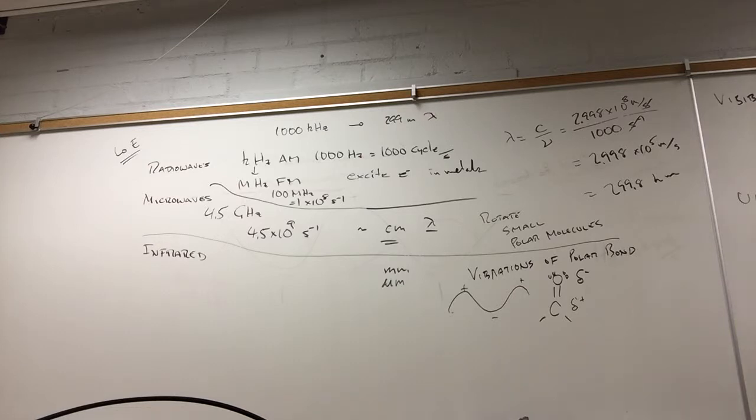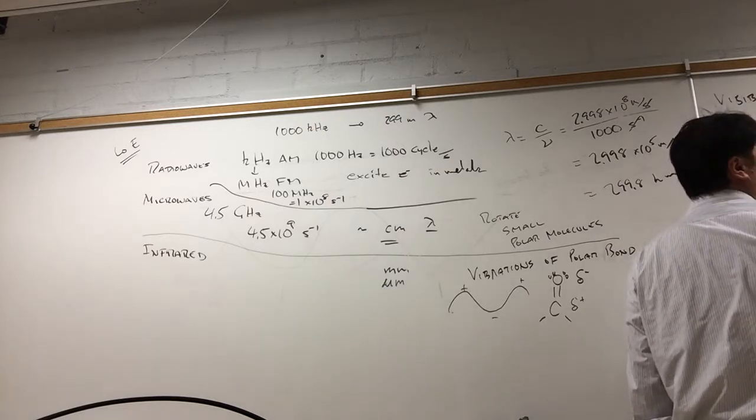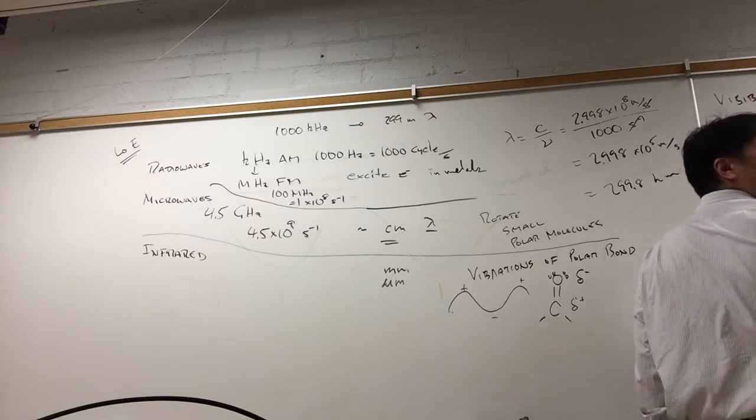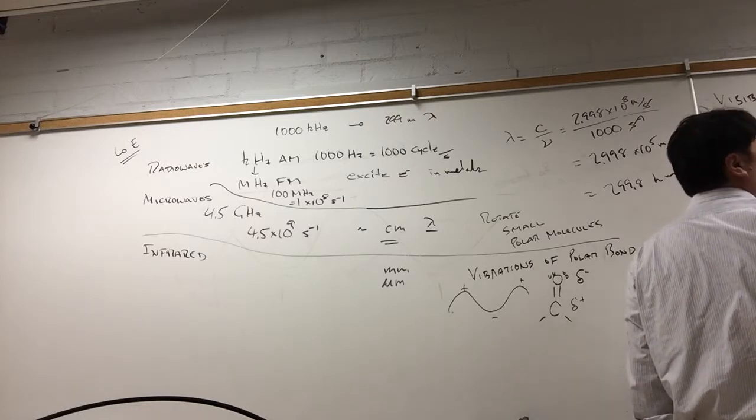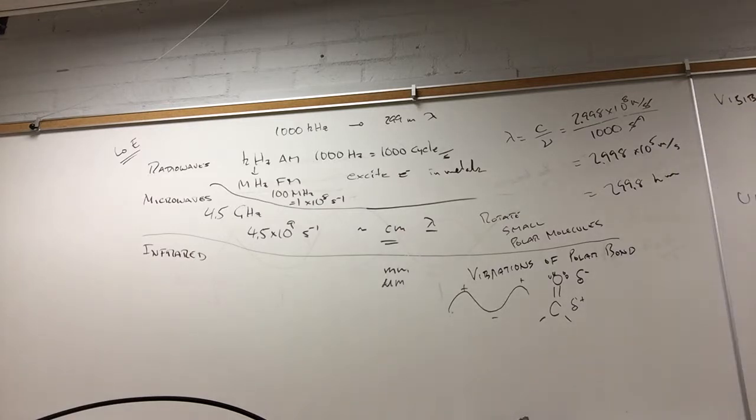Let's go to ultraviolet. Ultraviolet is going to have lambdas that are shorter, right? And so what should we say the wavelengths of ultraviolet are?